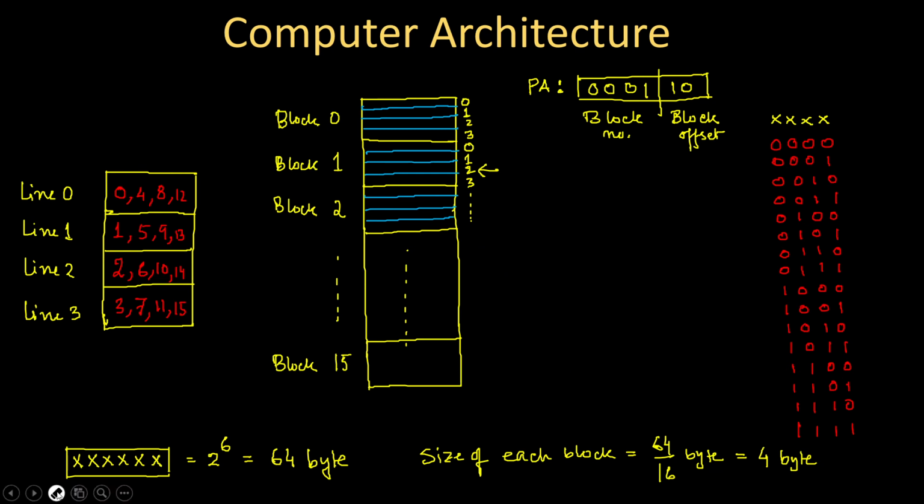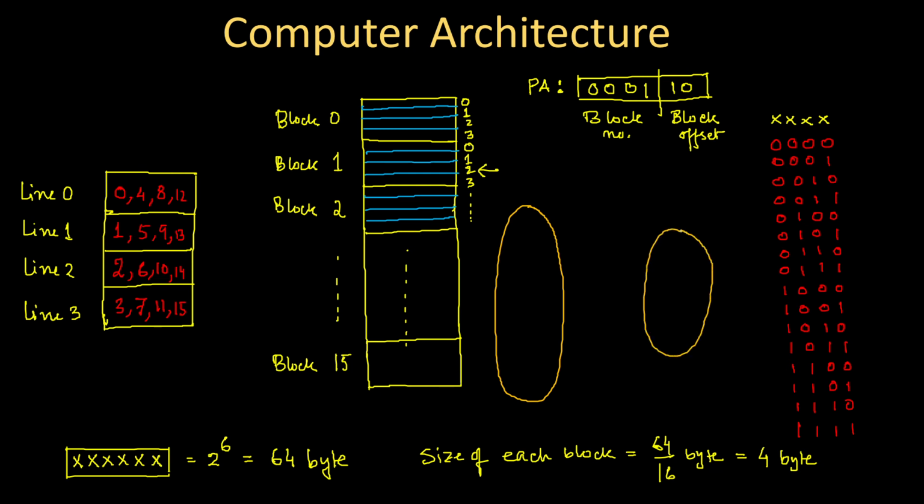Suppose in a scenario, this set is representing all the block numbers and this set is representing all the cache lines, and the values are 0, 1, 2, 3, 4, 5, 6 in this way, and here 0, 1, 2 and 3.